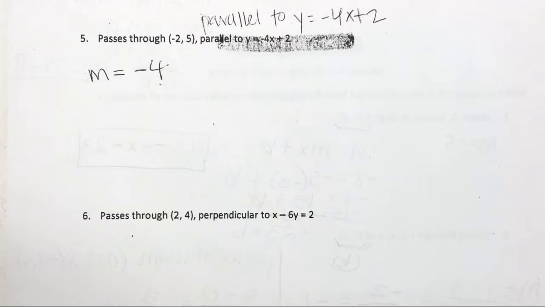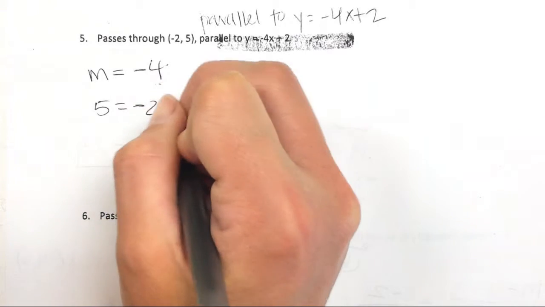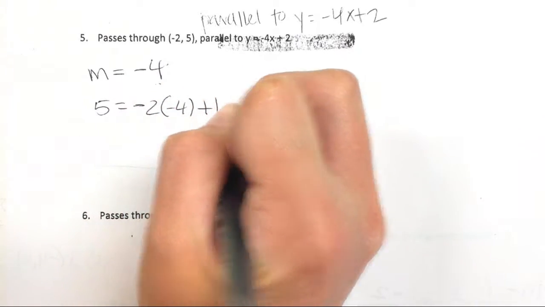How would we find that? What did we just do? Yes, y equals mx plus b. 5 equals negative 4 times negative 2 plus b. Very good.